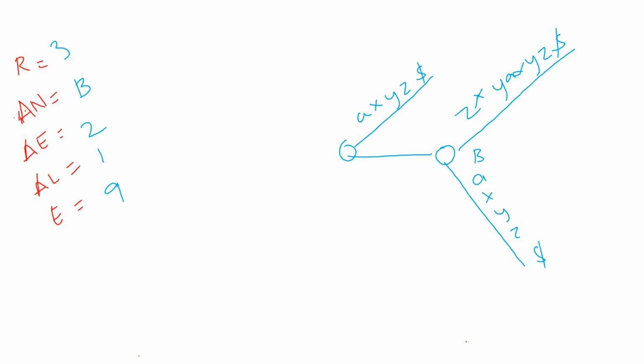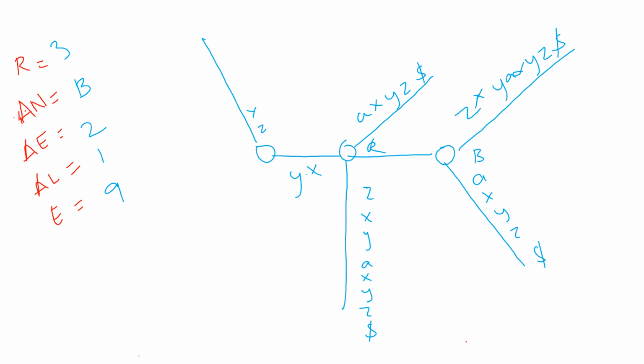And this is the internal node B, this is the root node, and here I had z, x, y, a, x, y, z, dollar. Again here I had x, y. From here I had z, x, y, a, x, y, z, dollar. I had a, x, y, z and dollar.